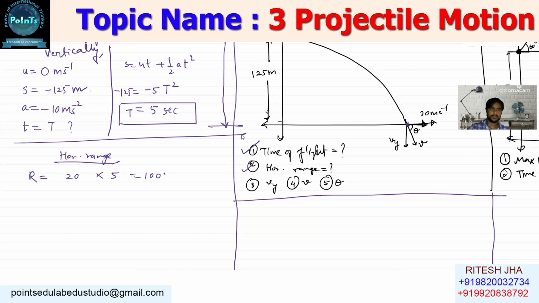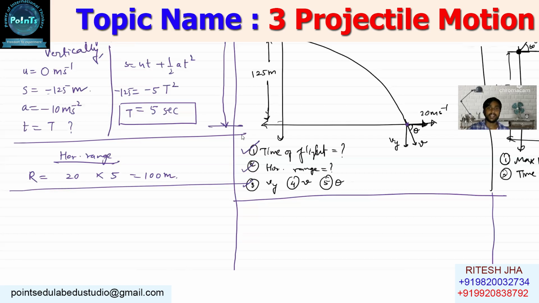Why cosine? There is no angle, so theta is 0, and cosine 0 is 1. So we get 100 meters.